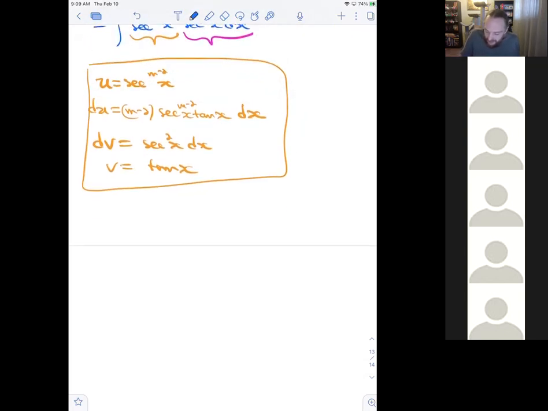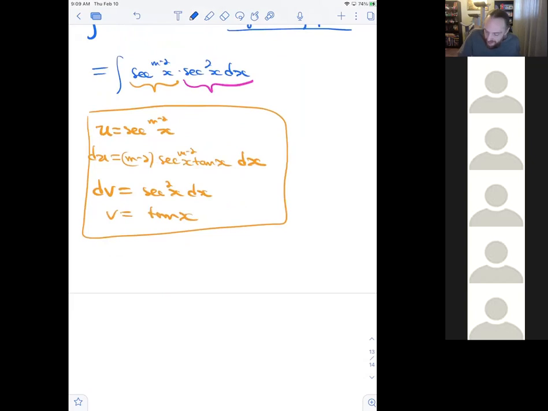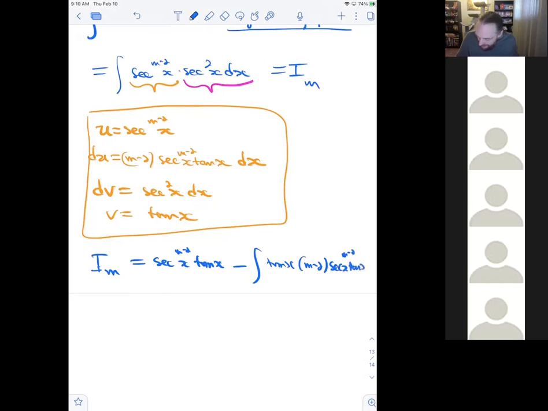So my integral, let's call this I_m. The integral, the power of m, is now equal to, by integration by parts, secant^(m-2) x times tan x, u times v, minus the integral of v du, tan x times du, which is (m-2) secant^(m-2) x tan x dx.